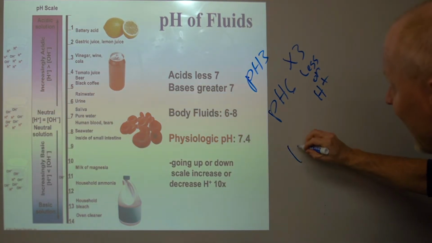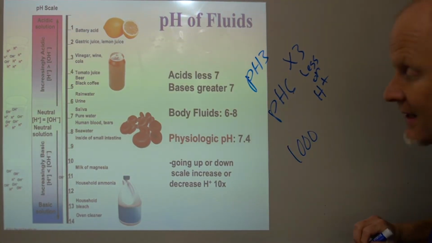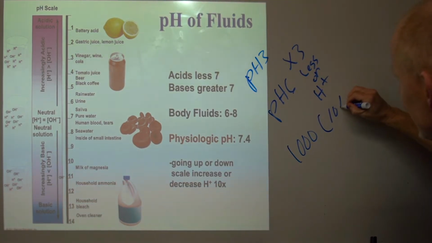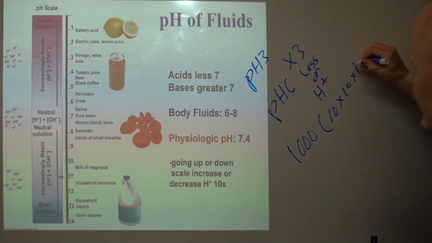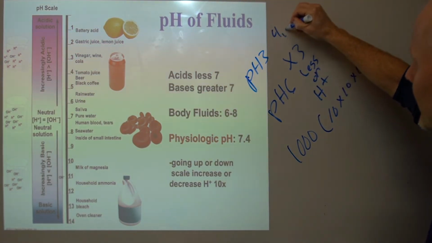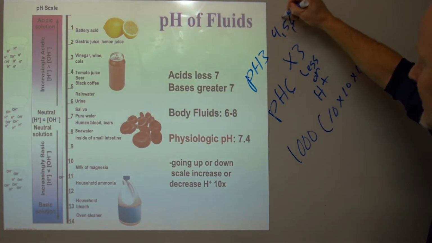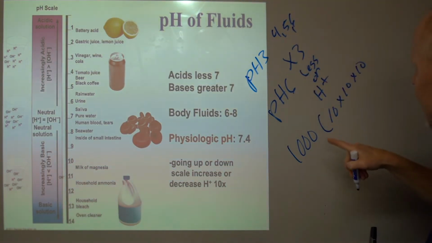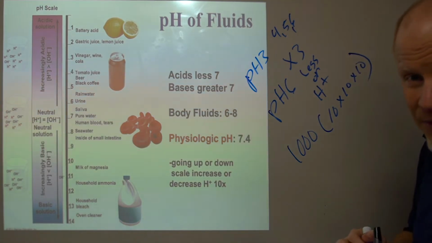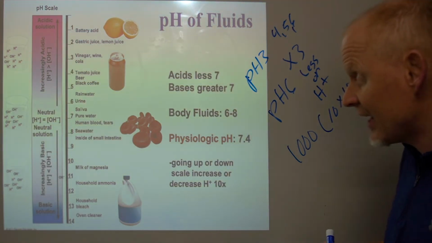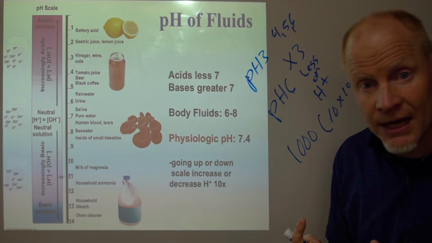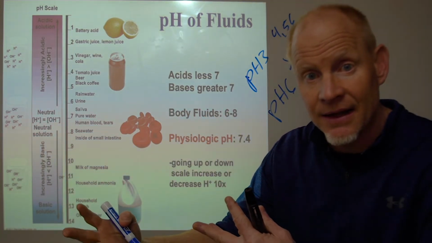It means you have 1,000 times more or less, because it would be 10 times 10 times 10, right? To go from 4, 5 to 6, that's 3 numbers, right? It's not just 3 times, it's 1,000 times. I mean, think about that. That's pretty incredible.